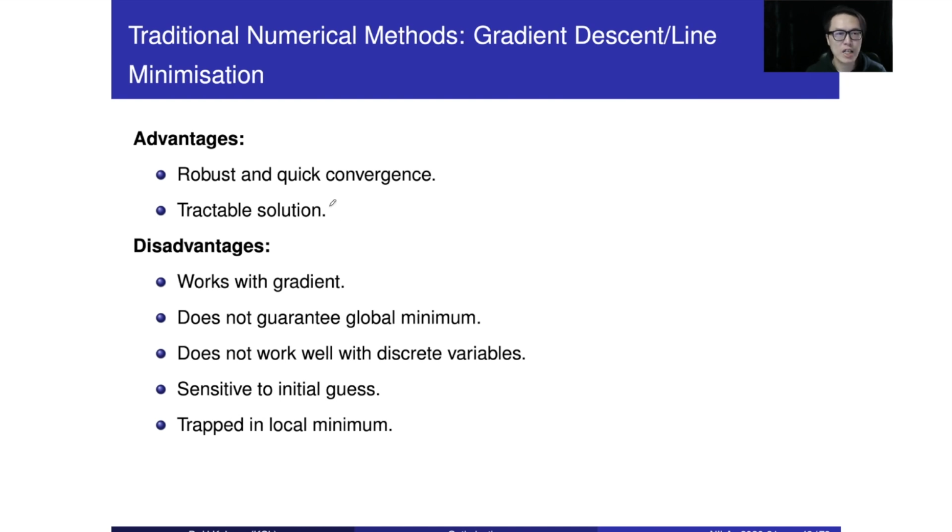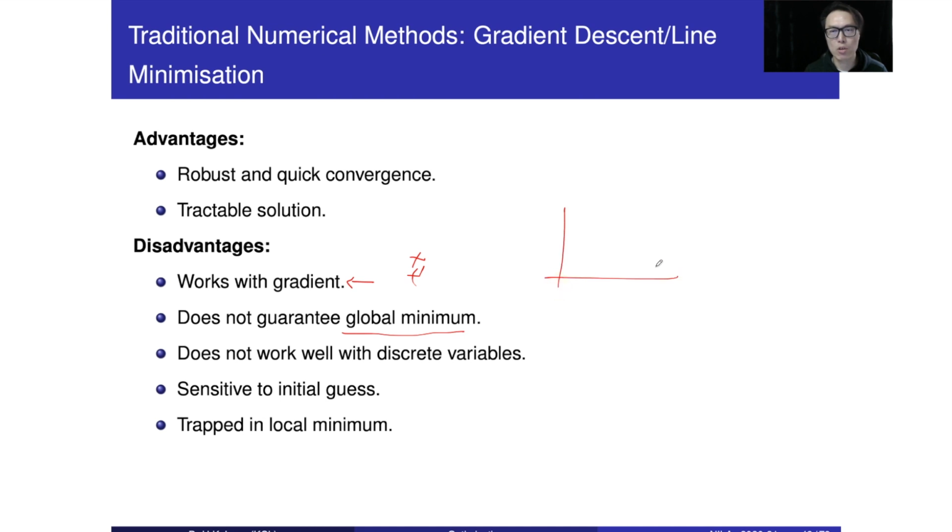The solution is also tractable, meaning computationally we are able to solve it iteration by iteration. The disadvantage is that it works with the gradient. If f is not differentiable, for example f prime does not exist, then we cannot apply this method. And also, it does not guarantee the global minimum.